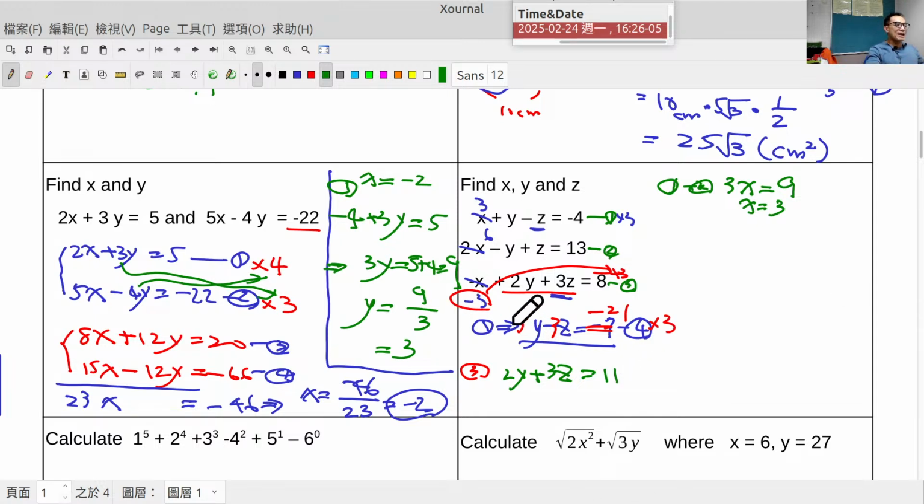Now we can combine these two together. 3y plus 2y becomes 5y. Minus 3z plus 3z, these are gone. It equals minus 21 plus 11, that is minus 10, thus y equals minus 2.